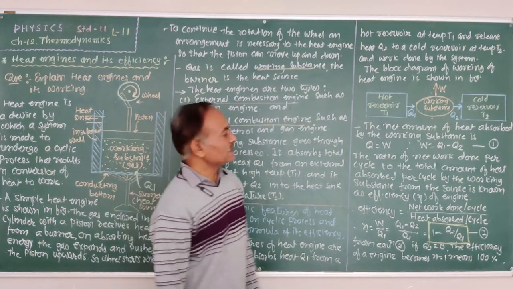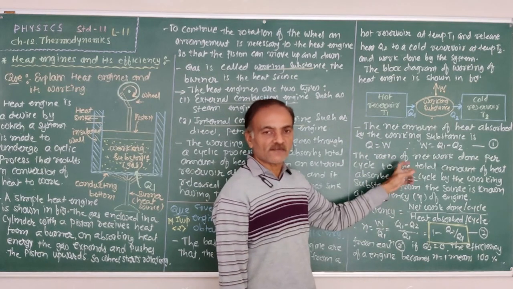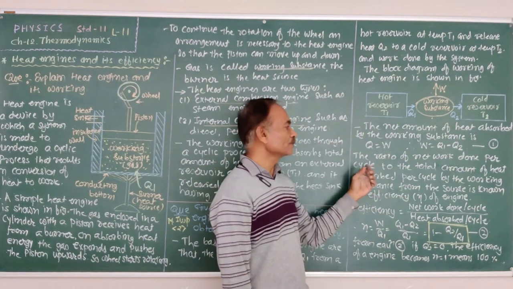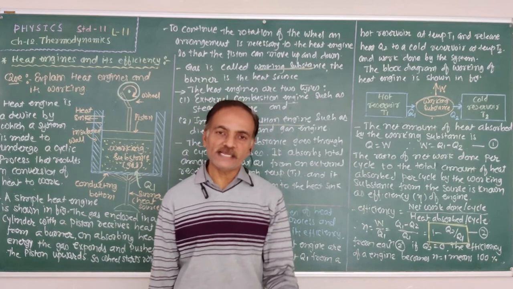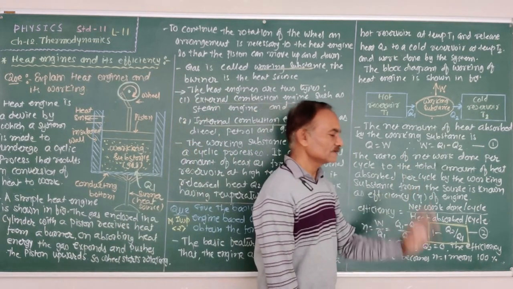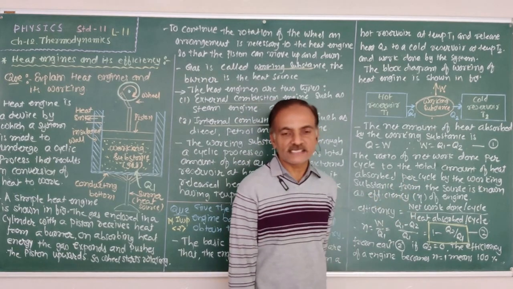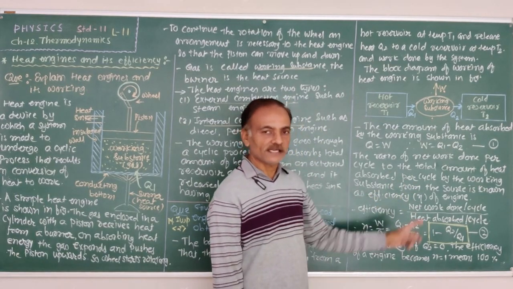Now, efficiency of a heat engine. The ratio of net work done per cycle to the total amount of heat absorbed by the working substance per cycle from the source is known as efficiency of a heat engine.